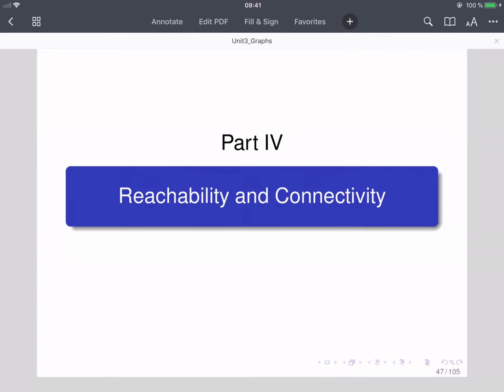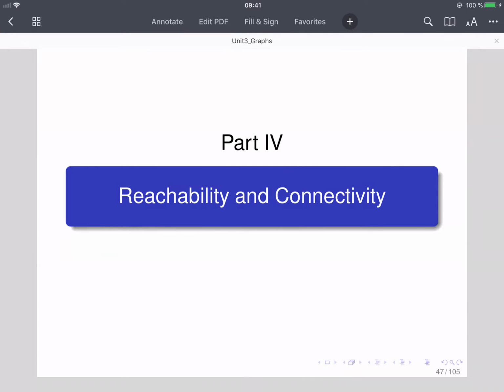Okay, this is important, for instance, when we have a graph that is the representation of a computer network. So we would like every computer in the network to be able to talk to each other. So we would like the graph to be connected.